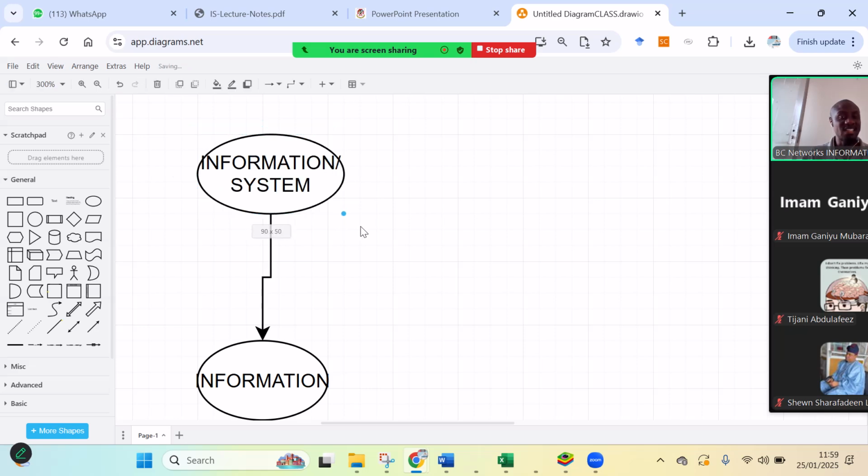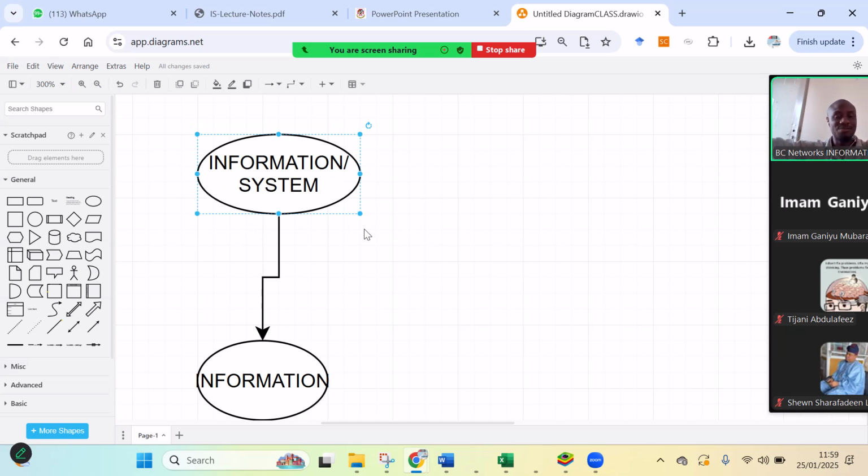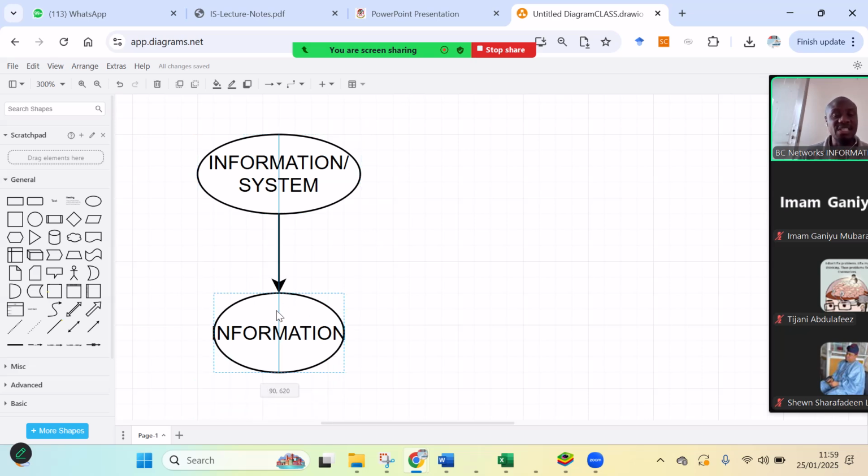And that is clear from the normal information you have now, because we have information from the social sciences, but here we have information pertaining to our information systems.